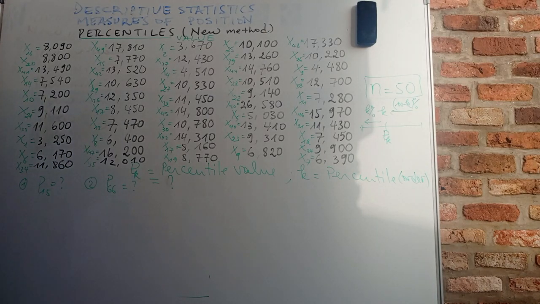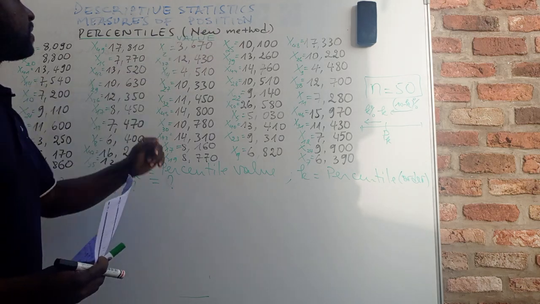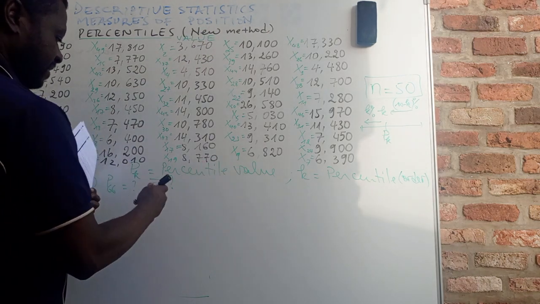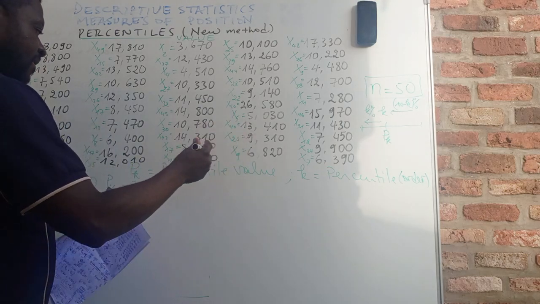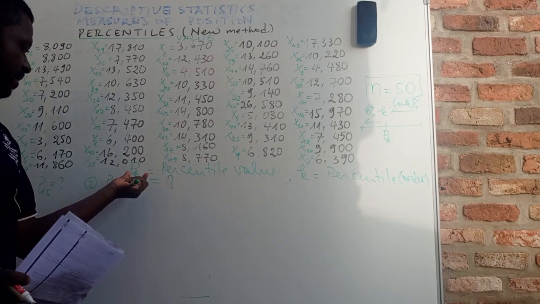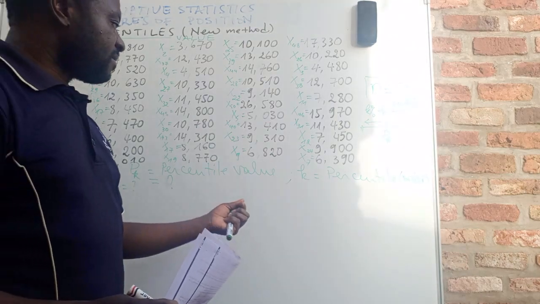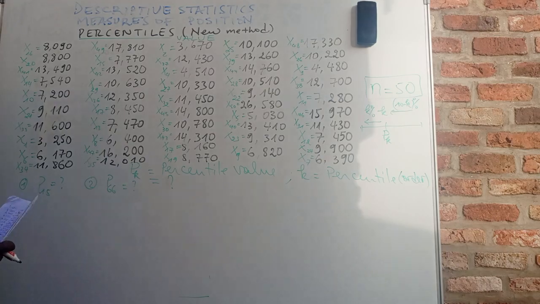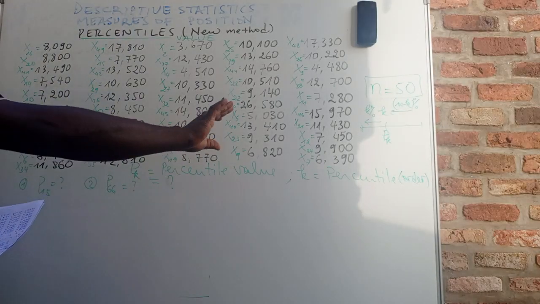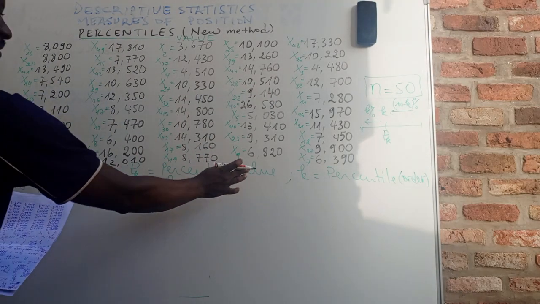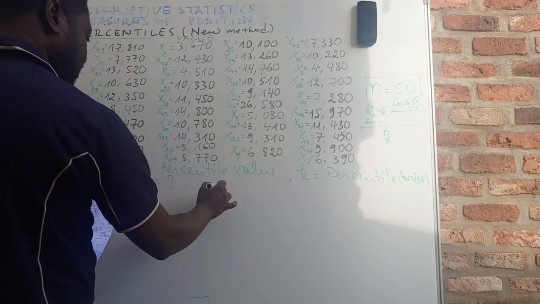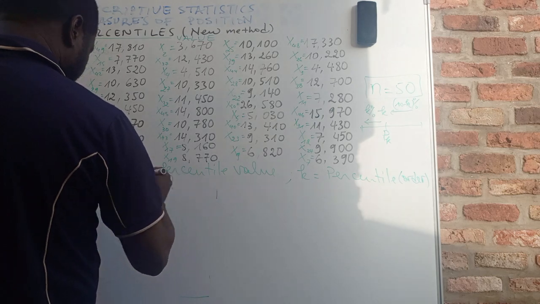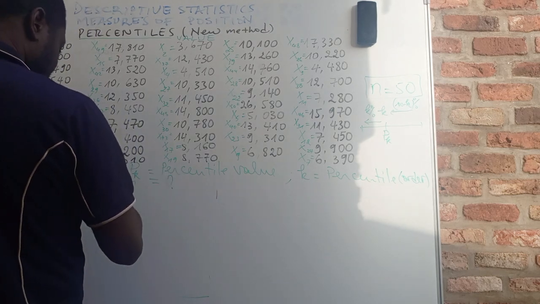Now we are going to talk about our new method to calculate the percentile value. In this video we are going to talk about this percentile value, so that next time we will be talking about the percentile order or rank, not the value. Now how to find this? This is in general our formula.